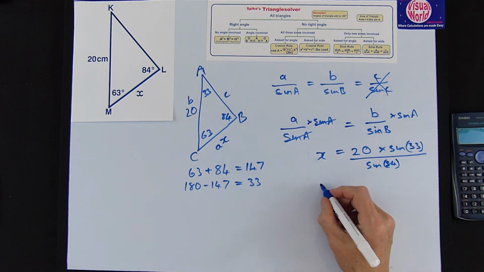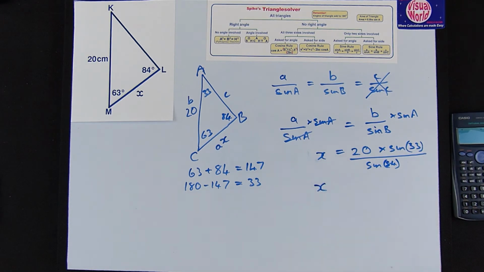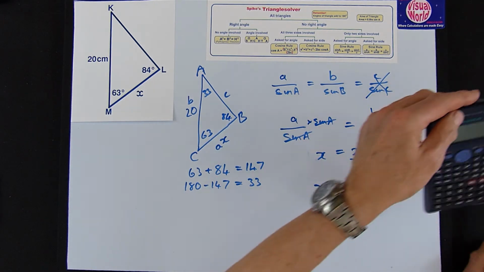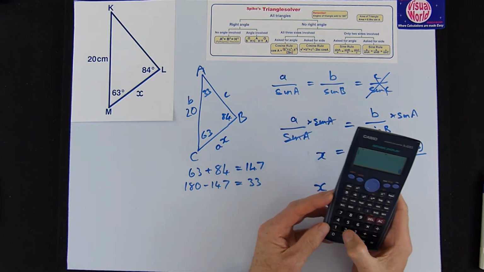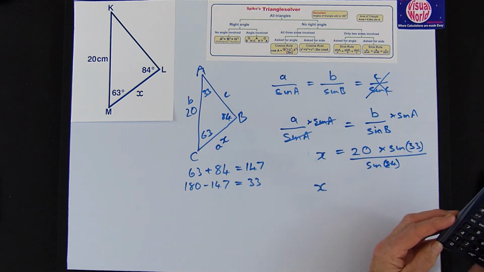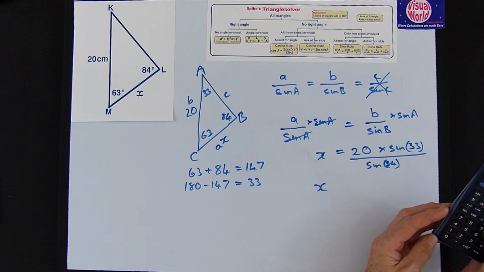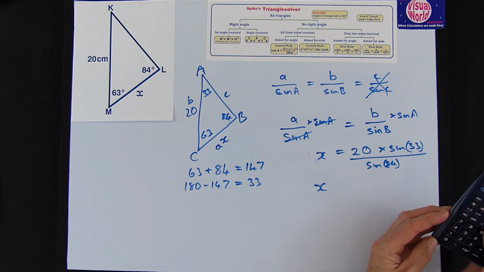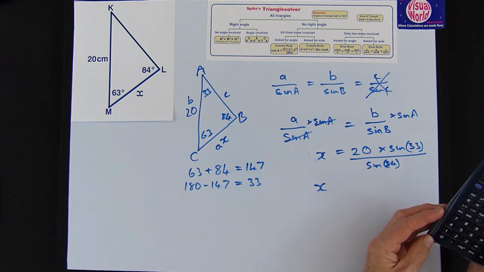So this time it's straight through to X, so we just pick up our calculator, and we put in 20 times sine 33, remember to close the brackets. Oh, I've hit sine twice. Just give me a couple of seconds. Oops.